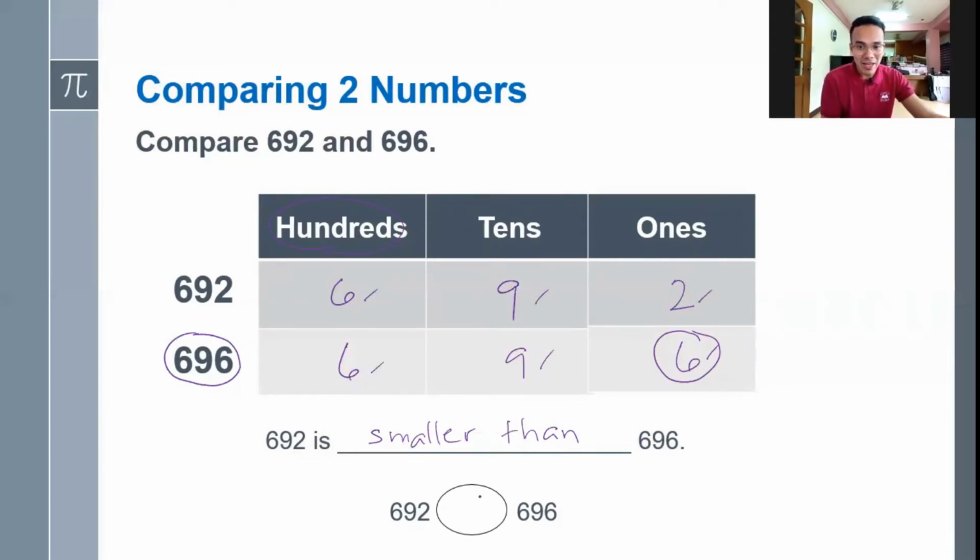You have something like this. Okay, just remember Pac-Man. Pac-Man always eats the bigger or larger number. Look at this. Pac-Man is eating 696 because 696 is bigger than 692.